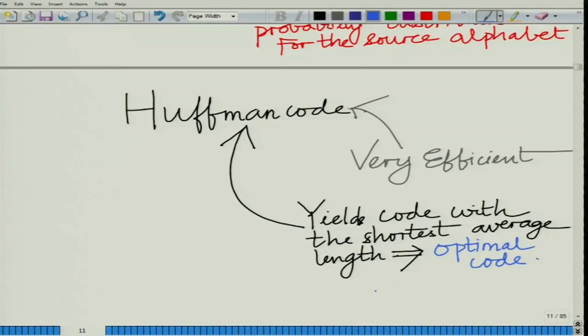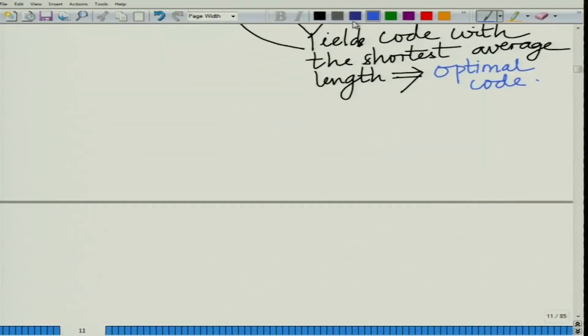In that sense, it is the optimal code, and we will illustrate this with the aid of an example.